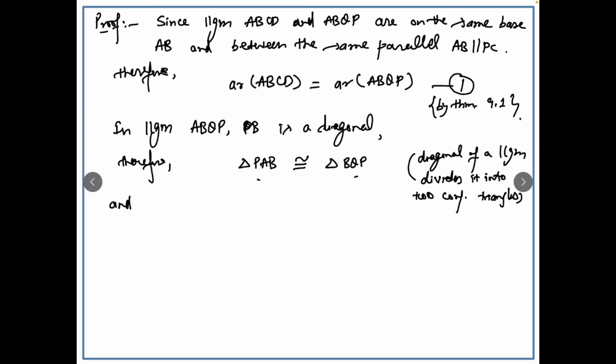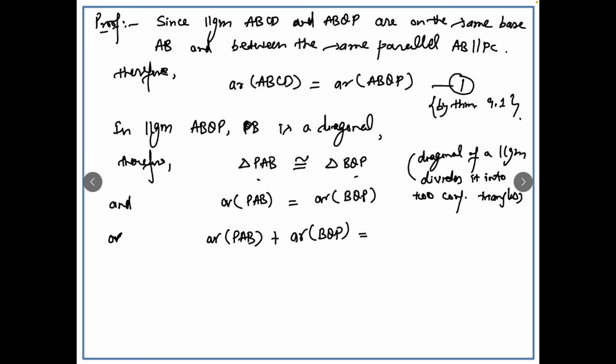So the area of triangle PAB equals the area of triangle BQP.